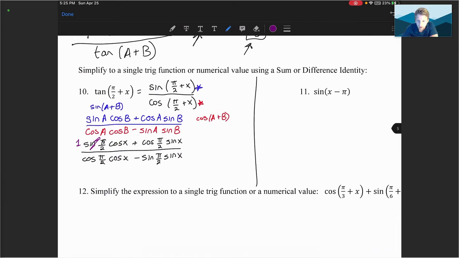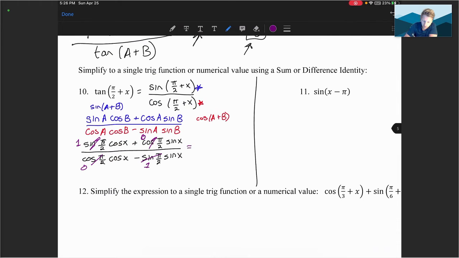The cosine of pi over 2 is 0, so this actually results as a 0 in that term. And then we have it again, cosine of pi over 2 again goes to 0, and the sine of pi over 2 is again 1 in the denominator here. So this expression simplifies quite a bit for us.